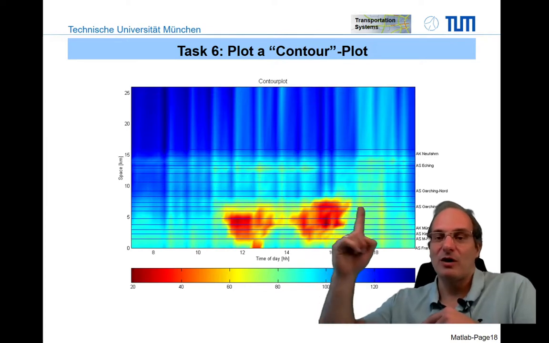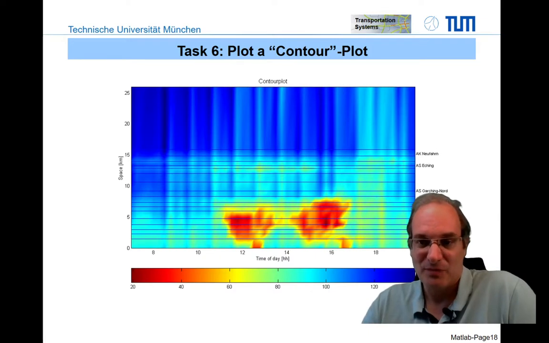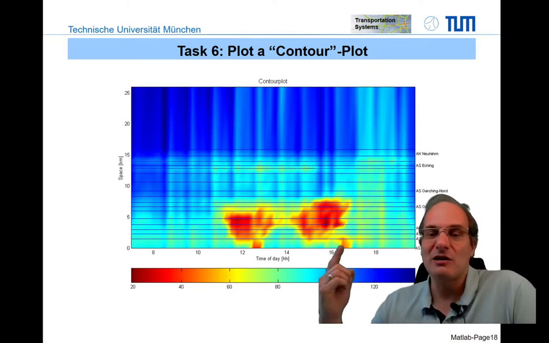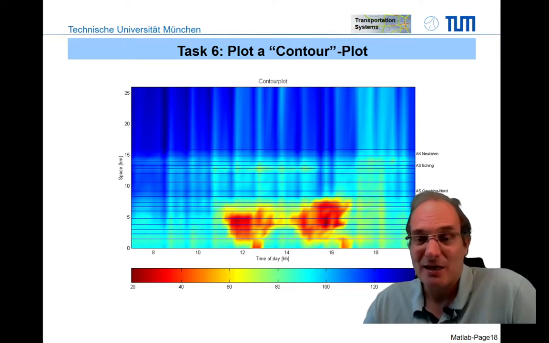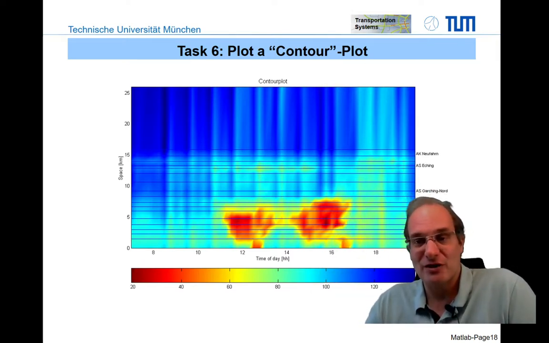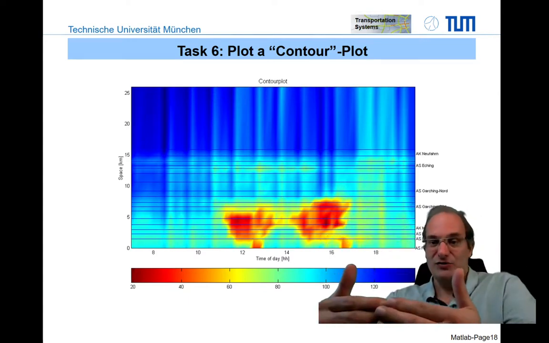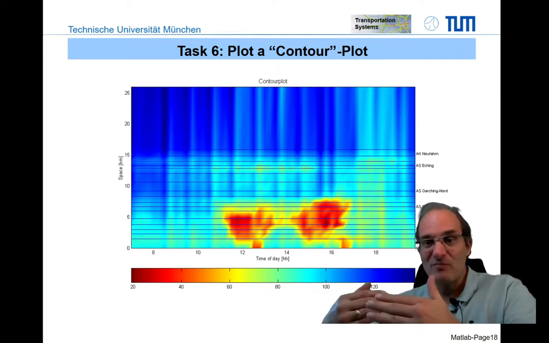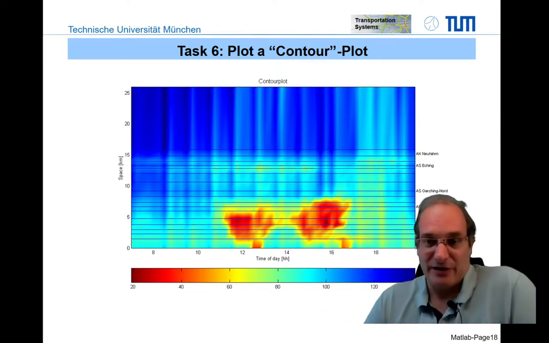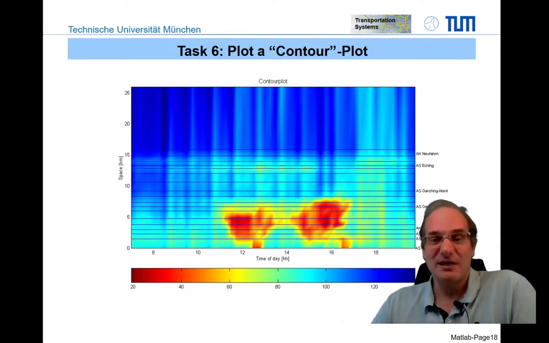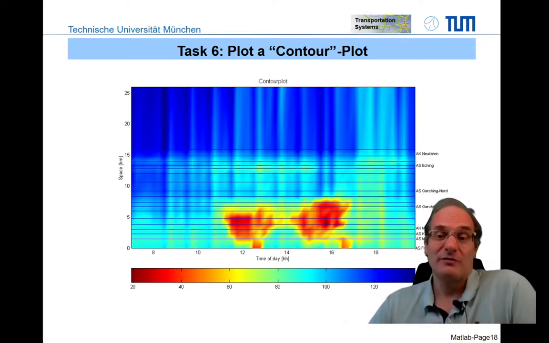If you have a block which is always light blue, you know it's a static speed limit. So you will see a lot of additional information. And if you change the interval, you will also see this information about shock waves. If there's a braking scenario, the stopping moves back in the opposite direction of the traffic flow, and you will see it here. Therefore, we can use this nice color plot for the interpretation of the traffic situation.